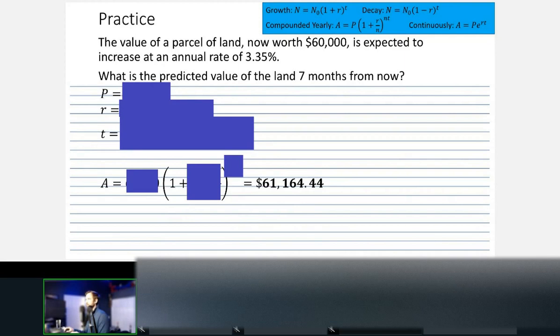Our initial amount is $60,000. The rate is 3.35%. Now, how did all of you convert that into a decimal? 0.0335. Good. All right, now the time.